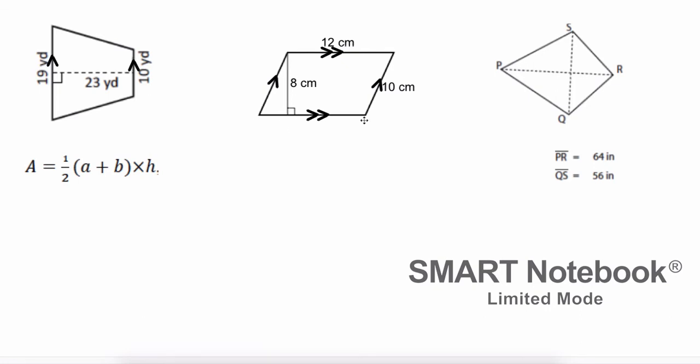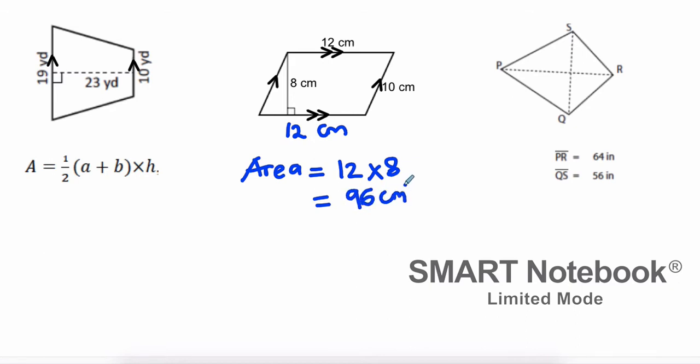So for instance, for this figure, although you are given also this side length, which is 10, and here obviously it's also 12, when you are finding the area of this figure, what you have to do is multiply 12 by the height, and the height has to be perpendicular to the base. So 8 is the measurement that you need and not 10. So here of course the answer is 96 centimeter squared.